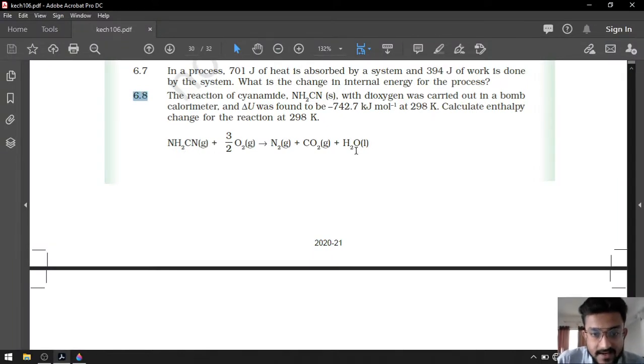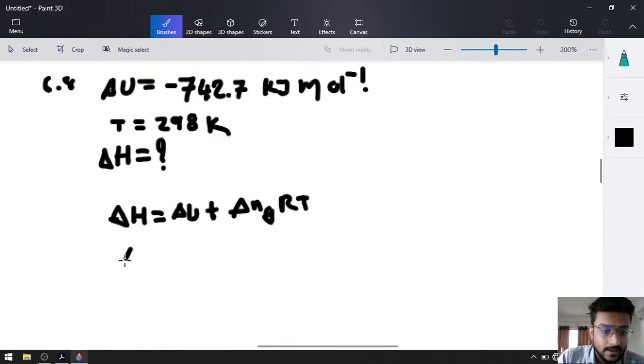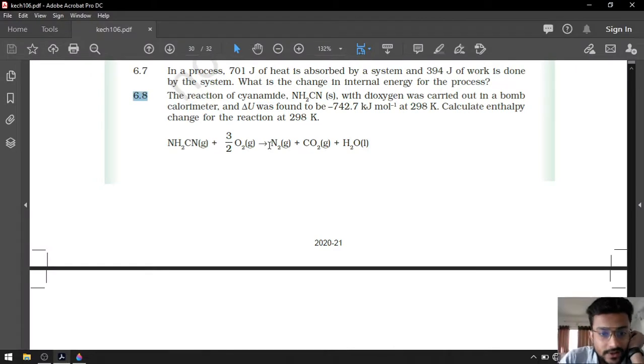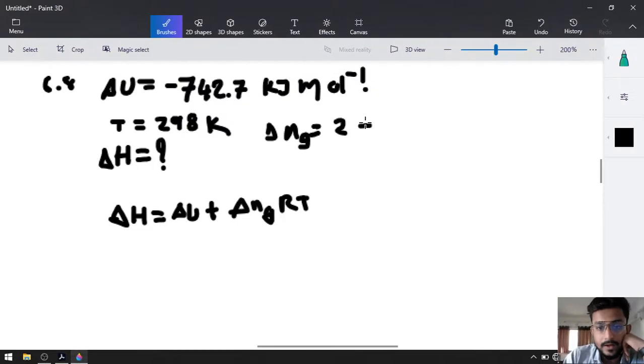Gaseous moles of product are 2, because 1 N2 and 1 CO2. H2O is liquid. So 2 minus NH2CN 1 mole and 3/2 O2, which is 2.5 mole. So Δng is equal to minus 0.5.